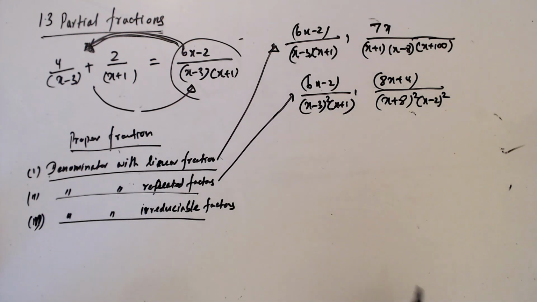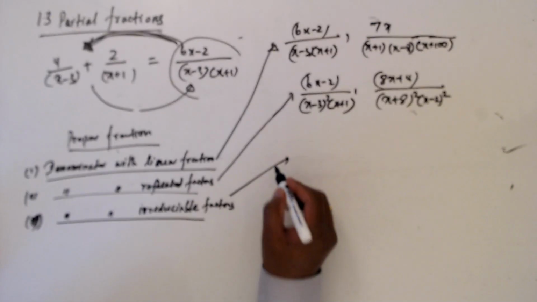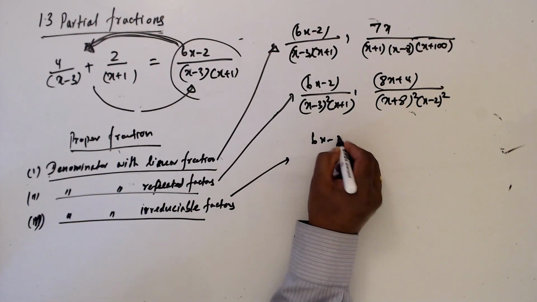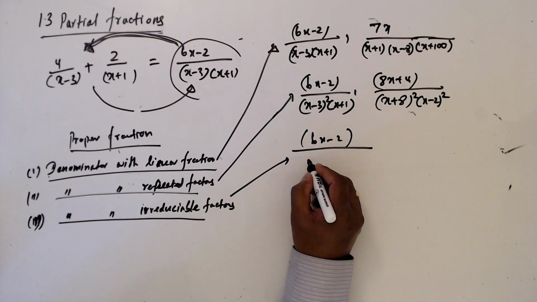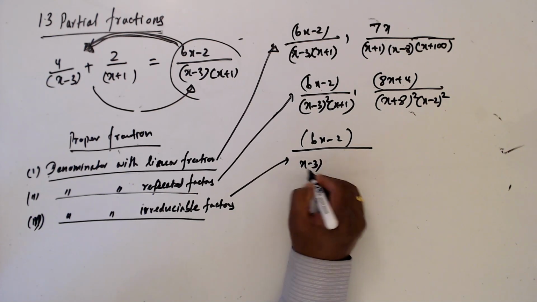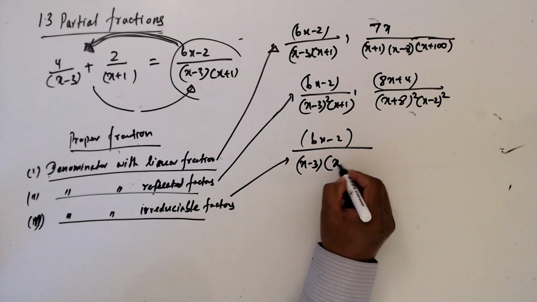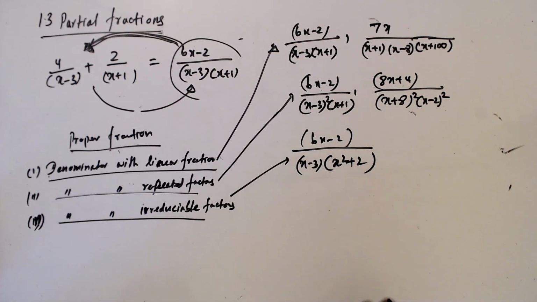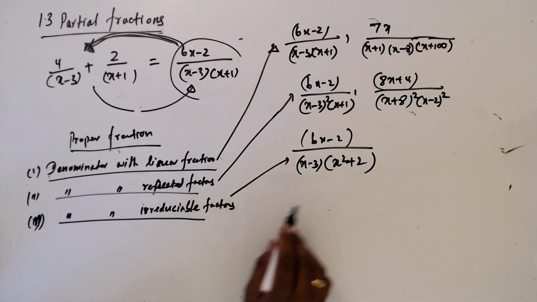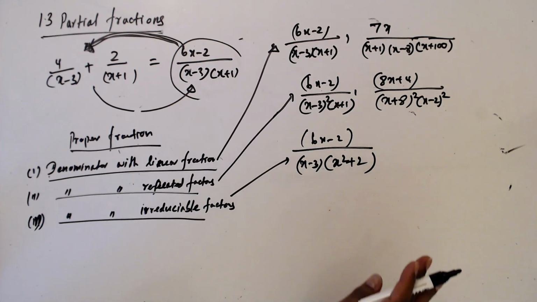Two repeated factors. The other one is 6x minus 2 over x minus 3 times x squared plus 2. That is irreducible; you can't reduce this factor any more.